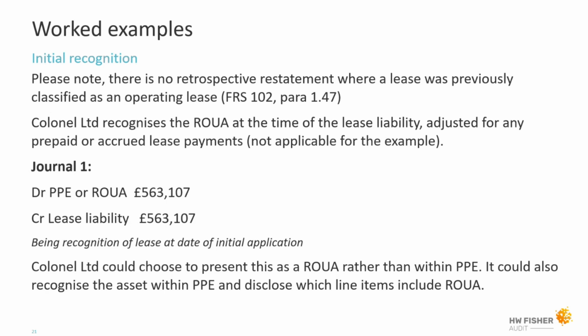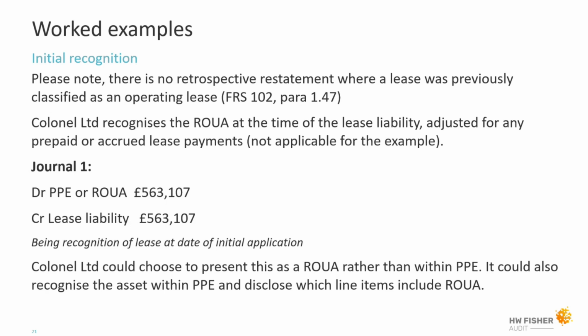So we're not restating, as said. We're just bringing that lease and that liability on. We recognise that for our first of April, effectively, it comes on at that point. So you're bringing onto your balance sheet the lease liability that we've just calculated, and we're matching that with the right of use asset.